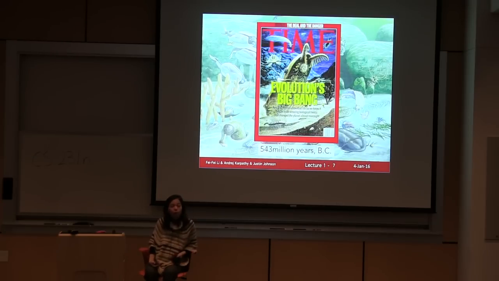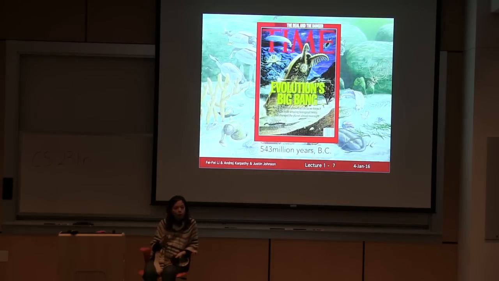So that's when vision began, 540 million years ago. And not only vision began, vision was one of the major driving forces of the speciation, or the Big Bang of evolution. All right, so we're not going to follow evolution in too much detail.